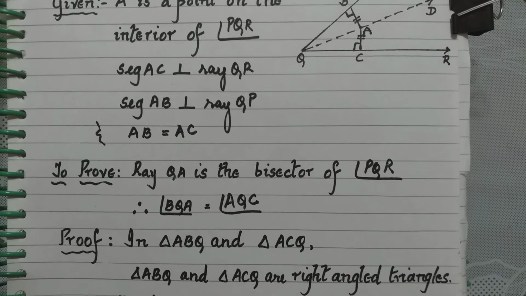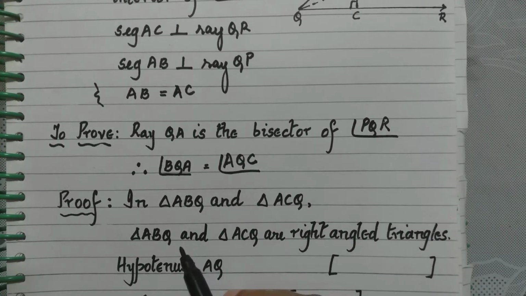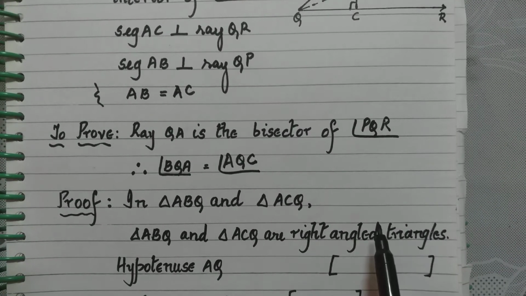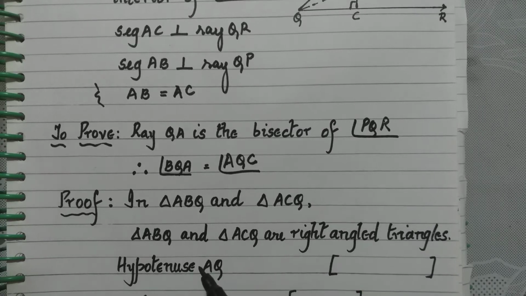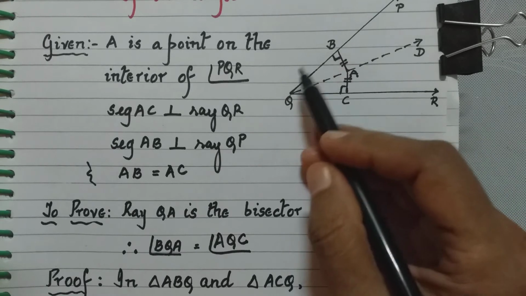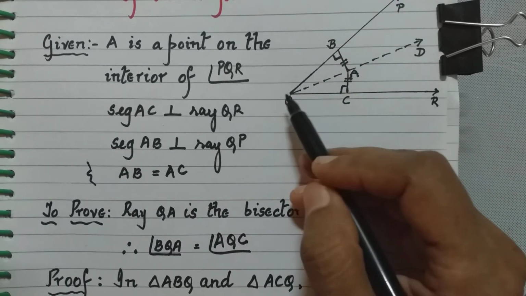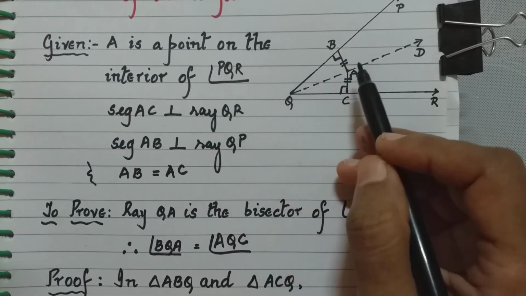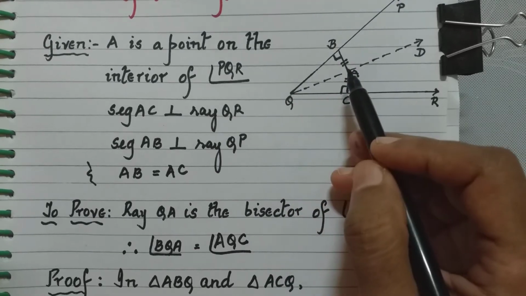So I have written here triangle ABQ and triangle ACQ are right angled triangles. So hypotenuse AQ. See here, in this right angled triangle, this is hypotenuse AQ. In this right angled triangle, this is hypotenuse AQ.